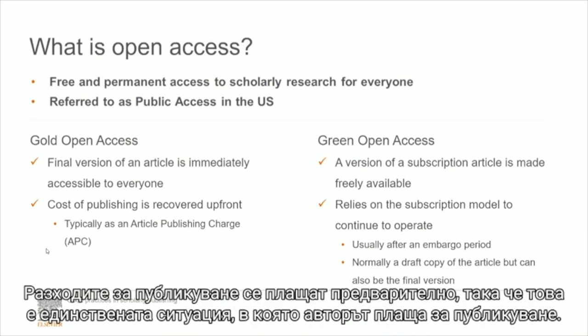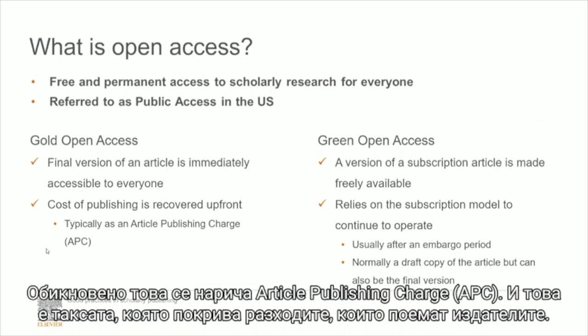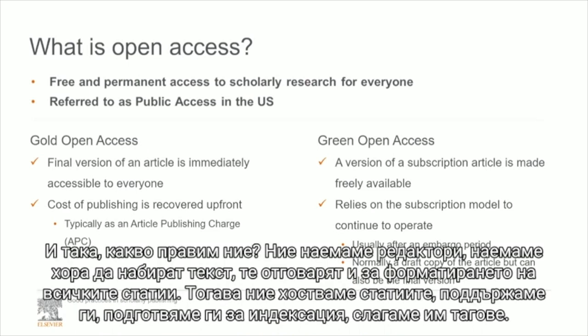The cost of publishing is recovered upfront. So this is the only situation where the author pays to publish. Typically, this is called an article publishing charge, or APC. This is the charge that covers the expense that the publishers take. We employ editors, we employ typesetters, people who are responsible for formatting all of your articles.